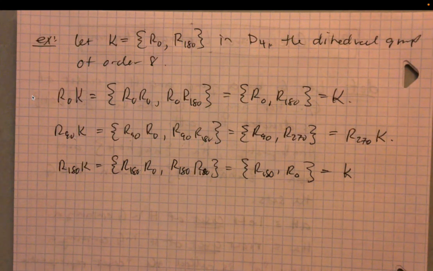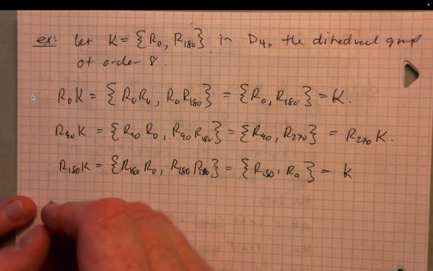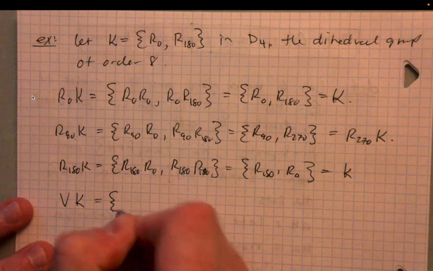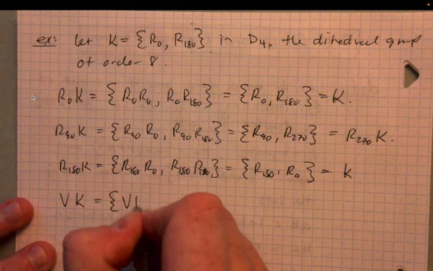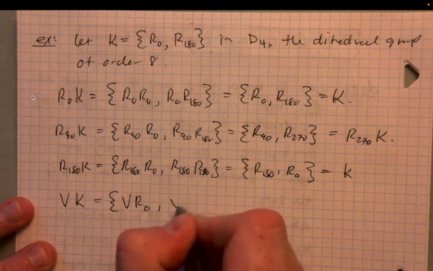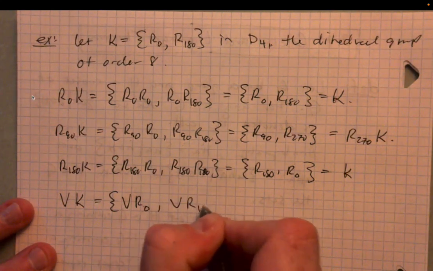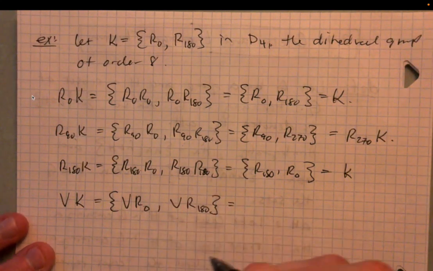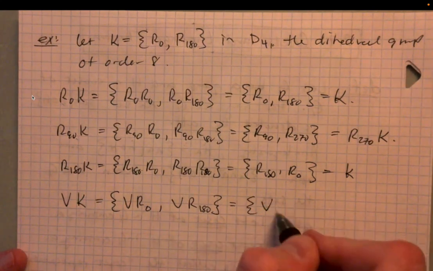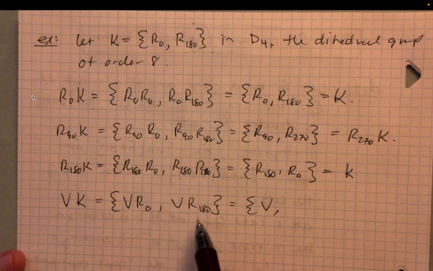What about the flips and whatnot? So let's look at a vertical flip. So that's going to be a vertical flip following a rotation of 0 degrees, and then a vertical flip following a rotation of 180 degrees. Well, you may have to draw a picture. The first one is easy, but for the second one, you may have to draw a picture, right? You do a 180-degree rotation followed by a vertical flip.